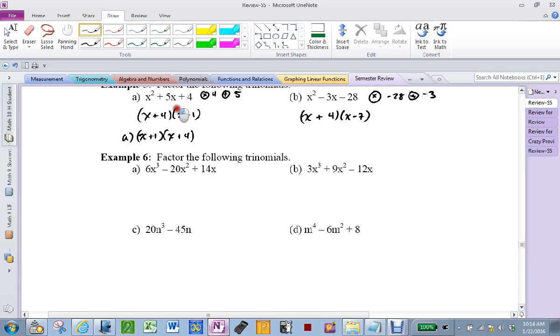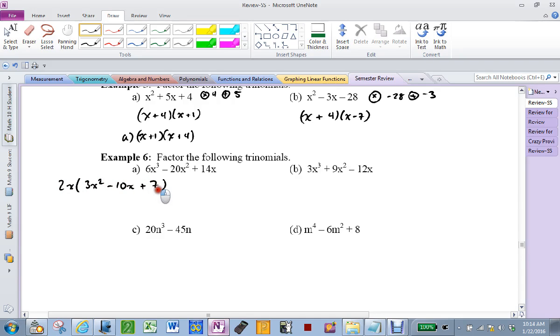What's the best thing to do to try and get rid of leading coefficients? GCF. Also best thing to do to get rid of cubes. Is there a GCF there? What is it? 2x. 2x leaves me with 3x squared minus 10x plus 7.